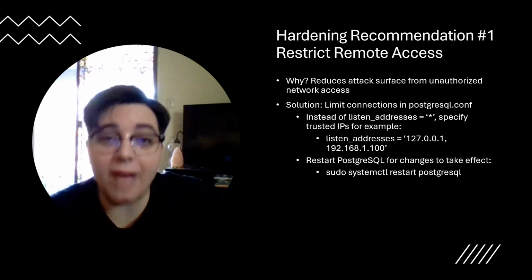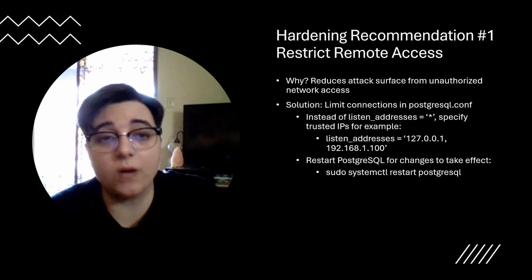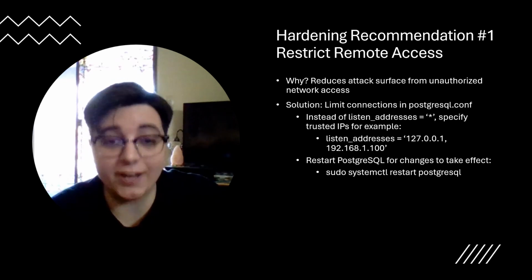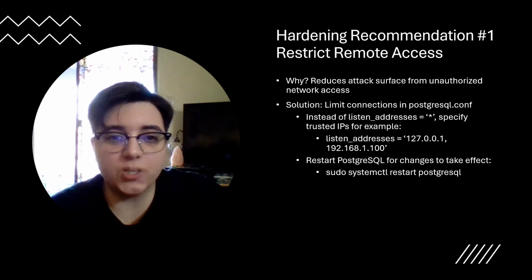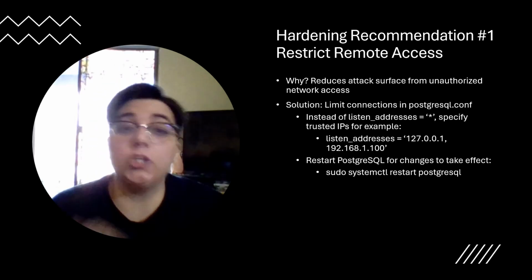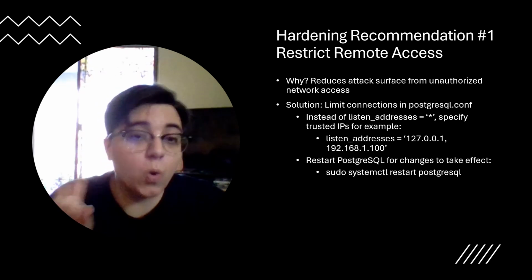To fix this, we go back into the configuration and tell PostgreSQL to only allow connections from trusted IPs. This way, only specific machines can reach it instead of the entire internet. Once we update that setting, we restart PostgreSQL again so the changes take effect. With that, we've already cut down a huge chunk of risk, but we're not exactly done yet. We have 2 more steps to go.